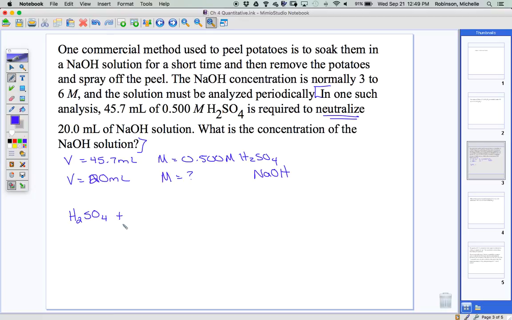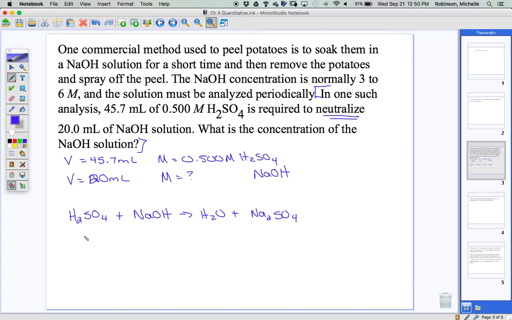It's the same thing. So H2SO4 plus NaOH is going to make H2O and Na. Let's go ahead and assume it does both. There's plenty of NaOH to neutralize it all. So Na2SO4, because if it says is required to neutralize, that's going to be all of it.